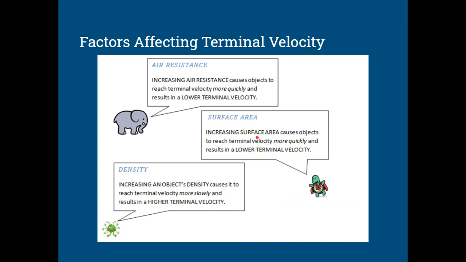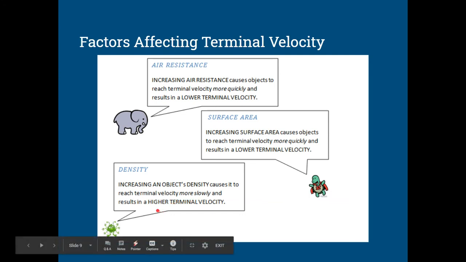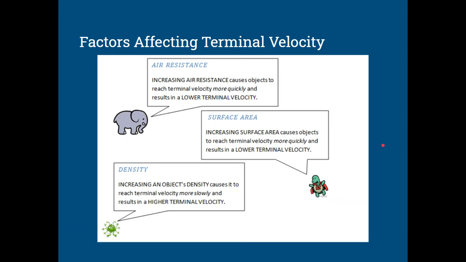If you increase the surface area, so flatten an object out, it will reach terminal velocity more quickly and it will result in a lower terminal velocity. If you increase the object's density, meaning put a lot of mass in a small volume, it will reach terminal velocity more slowly and reach a high terminal velocity. Pause this, write this stuff down. And if you wanted to as well, you could write down that equation that we talked about before.